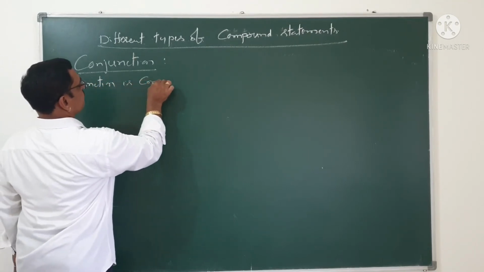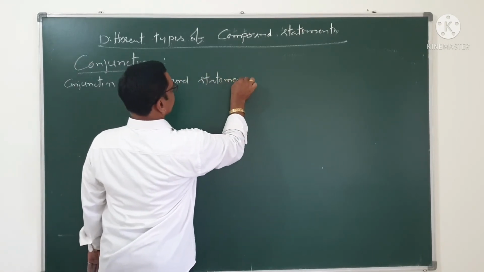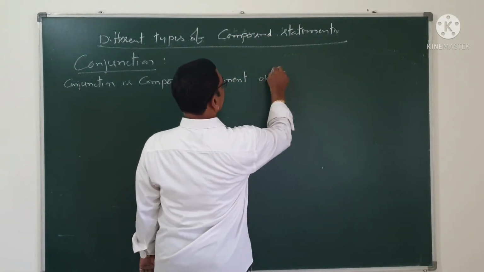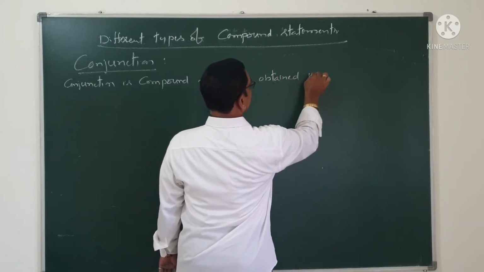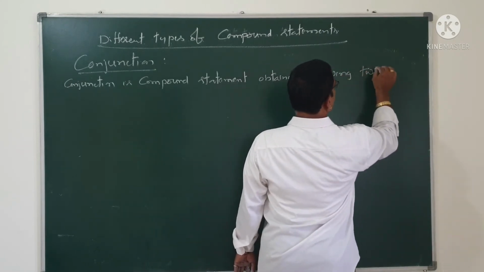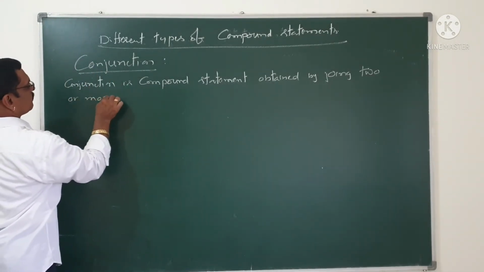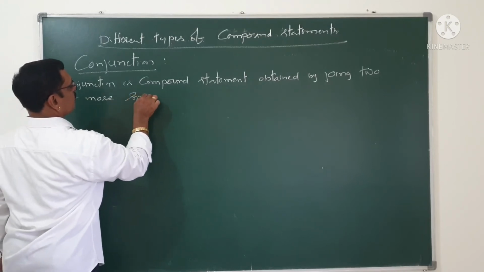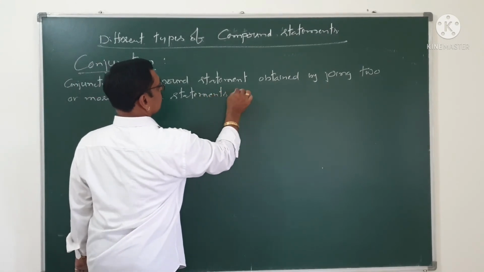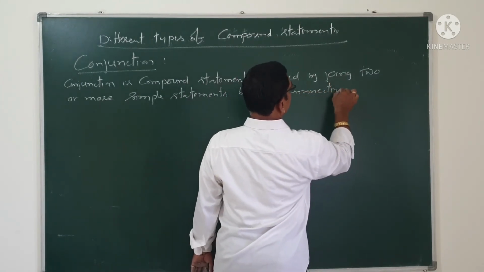Conjunction is a compound statement obtained by joining two or more simple statements by the connective AND.